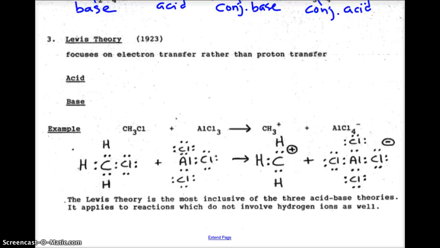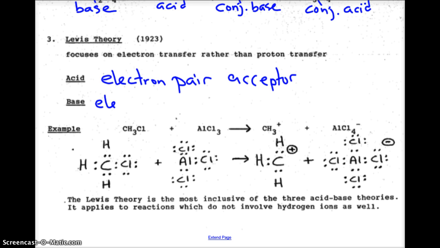So we still have donating and accepting, but it's sort of flipped from our Bronsted-Lowry. An acid is an electron pair acceptor, and our base is our electron pair donor. It still works with all of the other acids and bases. It's even a broader definition.